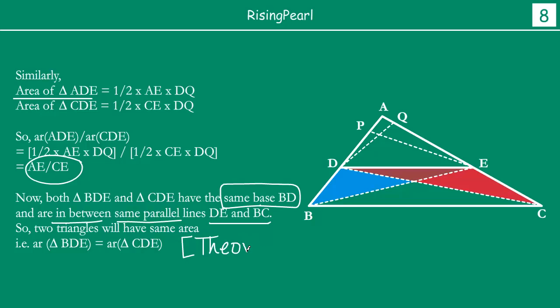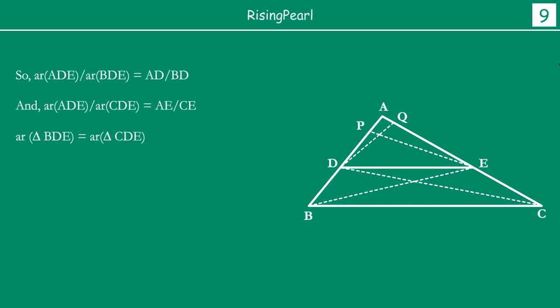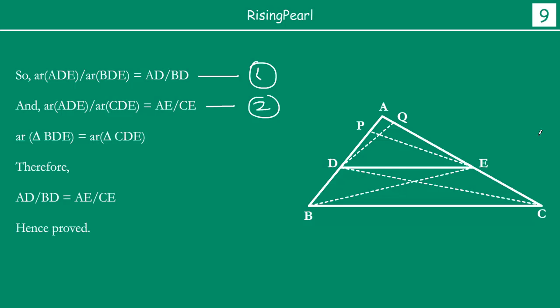So from the first equation we have this, from the second equation we have this, and we just saw that in the denominators, both areas are the same. So we can say therefore that these two ratios are indeed the same, and hence we have proved the theorem.